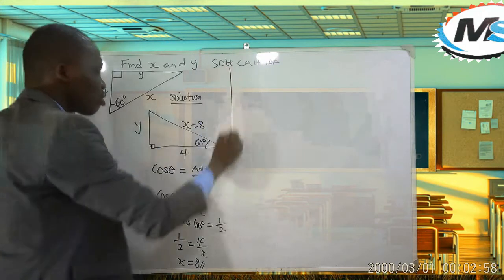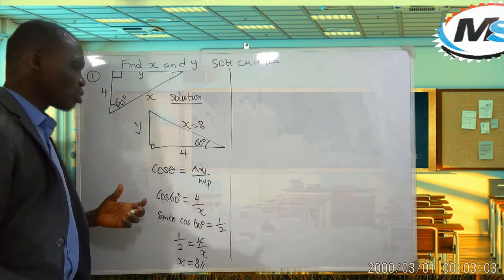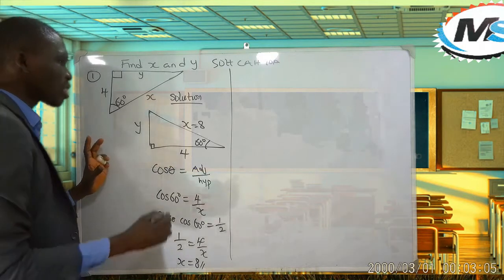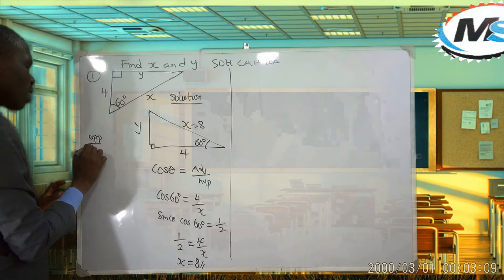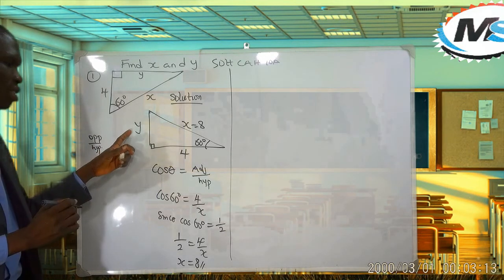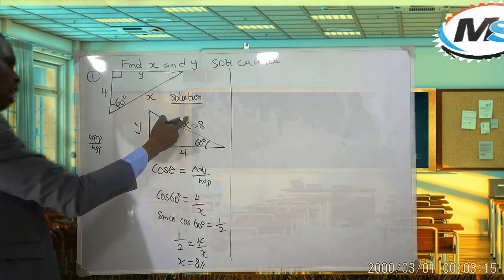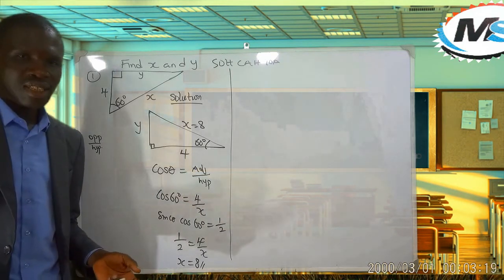Now the next thing to do is we want to find y. If we use sine theta, sine theta is opposite all over hypotenuse. This is opposite and this is hypotenuse. It will give us our answer, right?